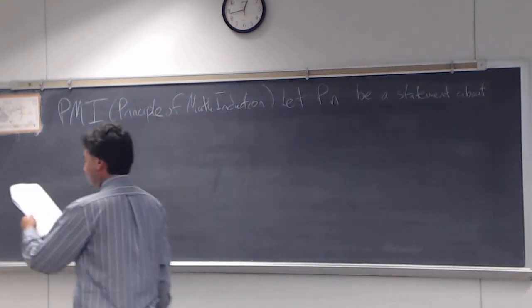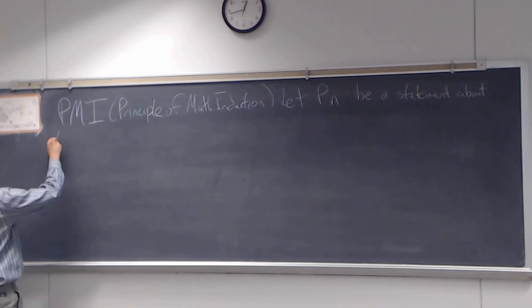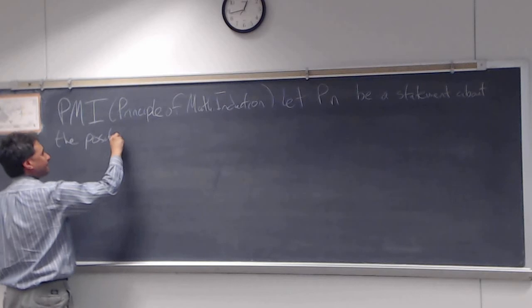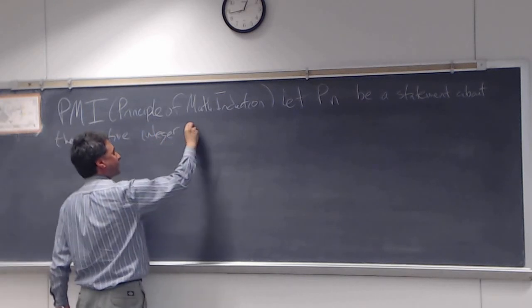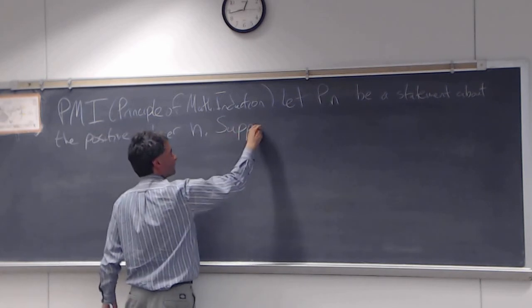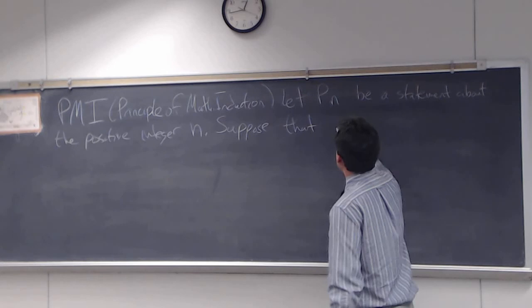The setup is P sub n is a statement about the positive integer n. Suppose two things.